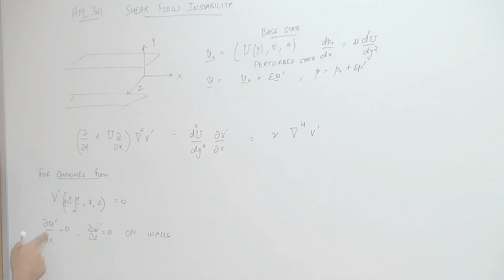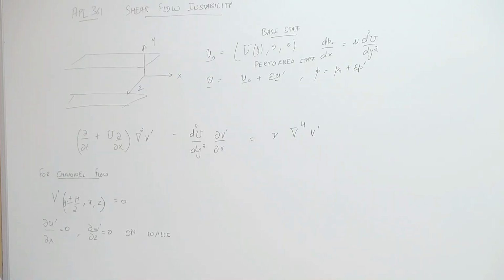Okay. Why? Because u prime is 0 on the wall due to no slip, and wall is a plane in xz plane. It is a surface in xz plane. So, it is 0 at all x locations on y equals minus h by 2 and plus h by 2. So, I can differentiate it in x or z. There is nothing wrong with differentiating it in x and z. You cannot differentiate at y.